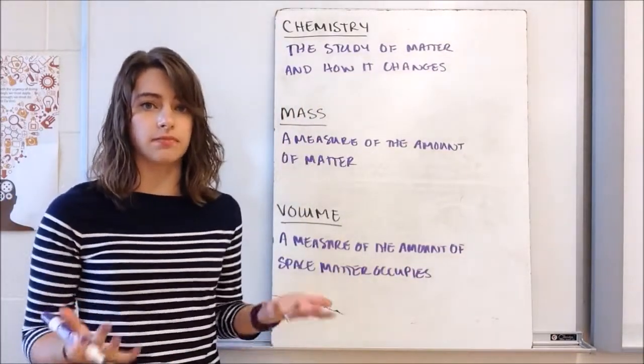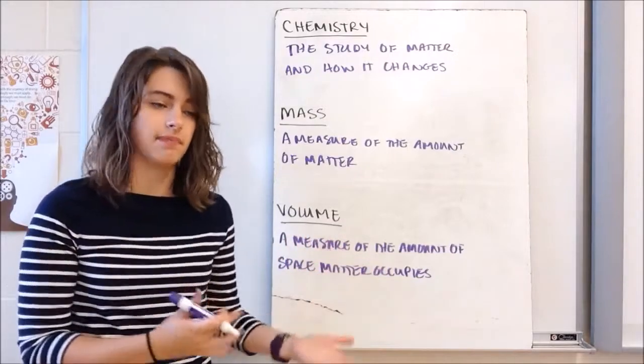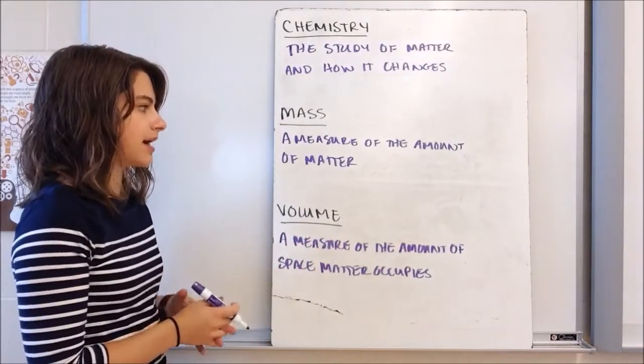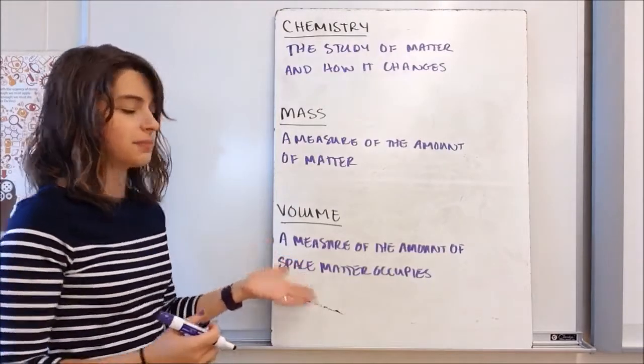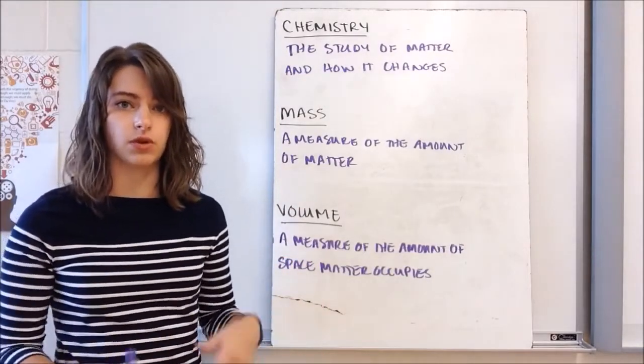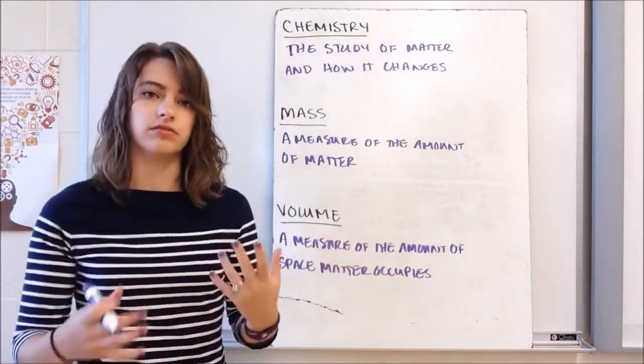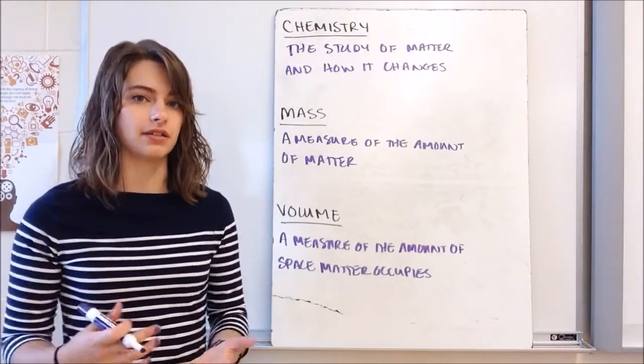So both of these are measuring matter. Chemistry is the study of matter. These are two ways that we can measure matter. It's either the amount, which is mass, or how much space it takes up, which is volume. So mass is the amount of matter. Volume is the amount of space the matter takes up.